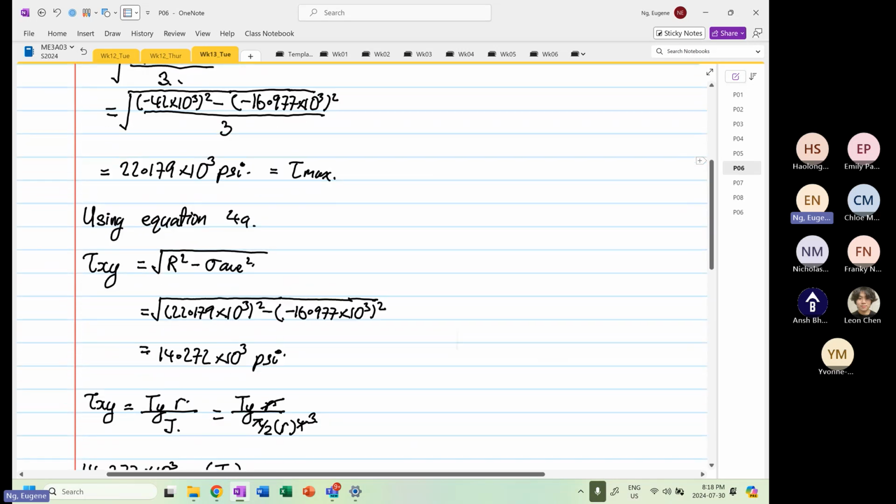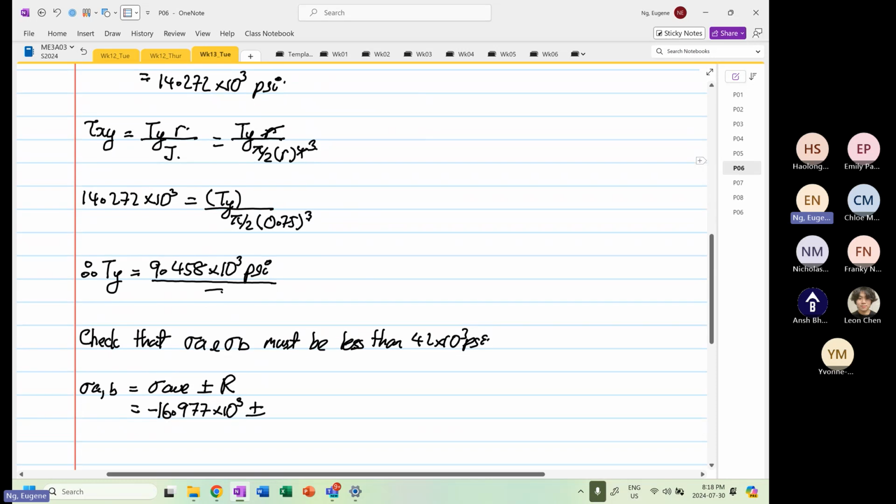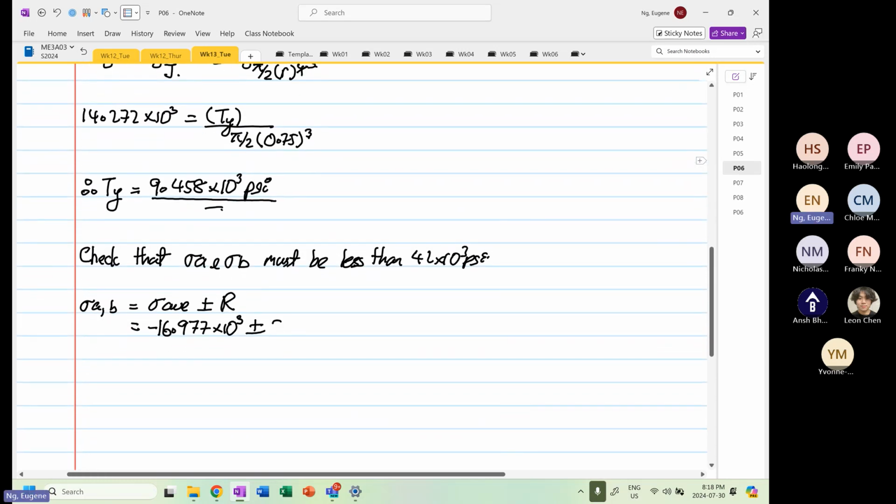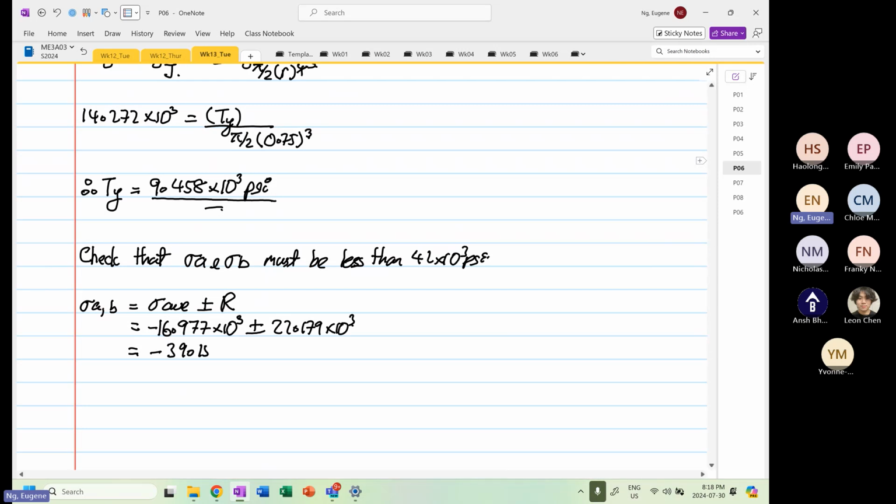Radius is equal to 22.179 times 10 to the power 3. So this will come out to minus 16.977 minus 22.179, which is minus 39.156 times 10 to the power 3. And the other stress is minus 16.977 plus 22.179, which is 5.202.